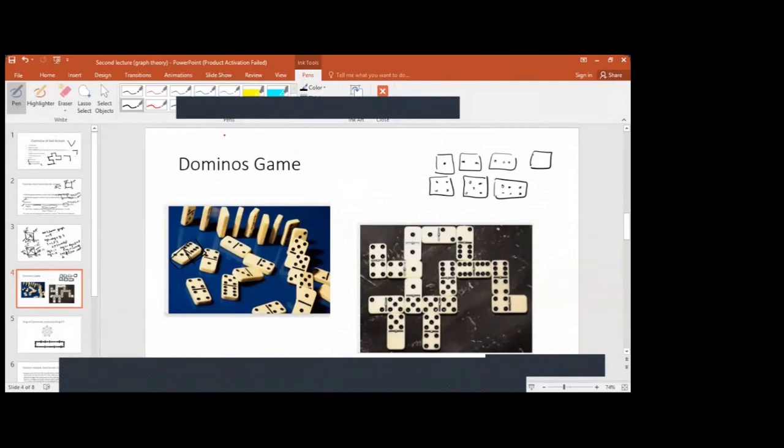For example, one player places a tile like this. The next player will check their tiles and will place a tile next to this one, which should be 2, attaching 2 with 2.